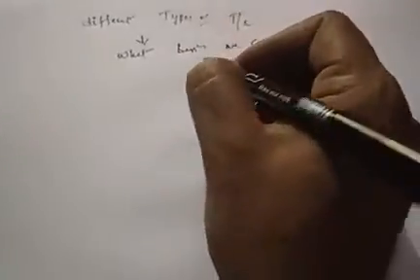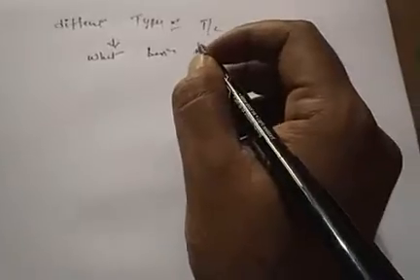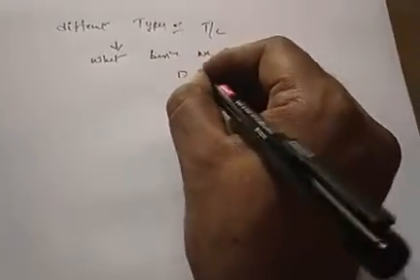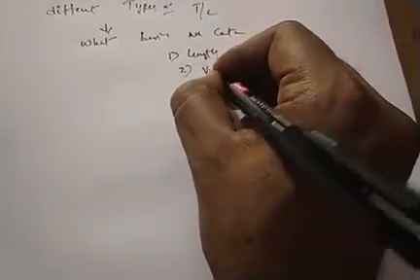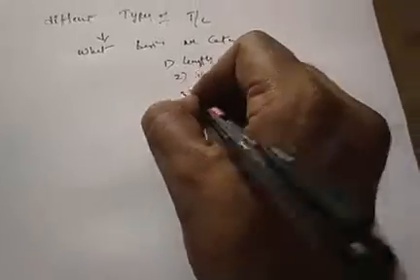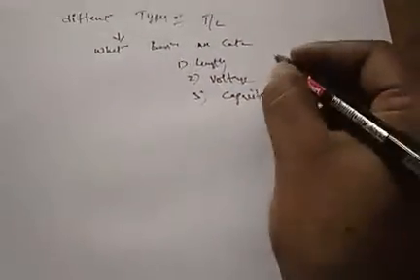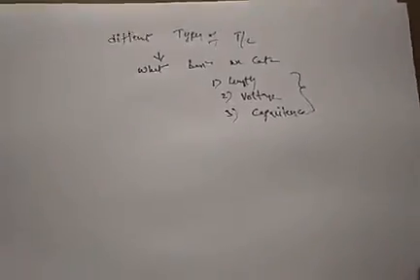There are three basic things to categorize these types of transmission systems: based on length, based on how much voltage they can carry, and based on the capacitance existence. These are the three factors to distinguish the different types of transmission line.